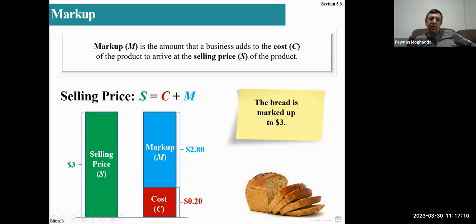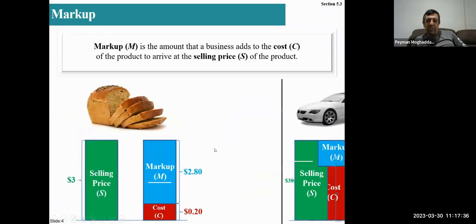Okay, because otherwise you're running out of business, right? So these are all important business factors that come into account when you put the markup there, to find a selling price. So that's how markup is calculated. So markup plus the cost gives you the selling price.